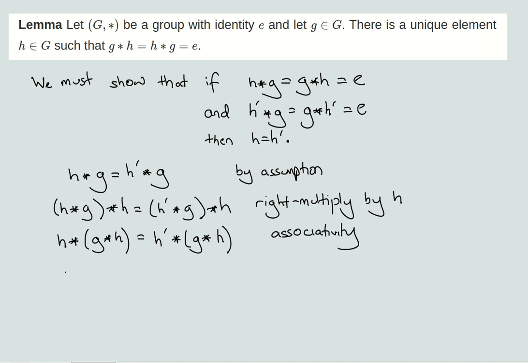Okay, our assumptions tell us about these two things, g star h. It tells us those things are equal to the identity e. So let's write this down. And here we have h star e, and here we have h prime star e. Again, this is by assumption.